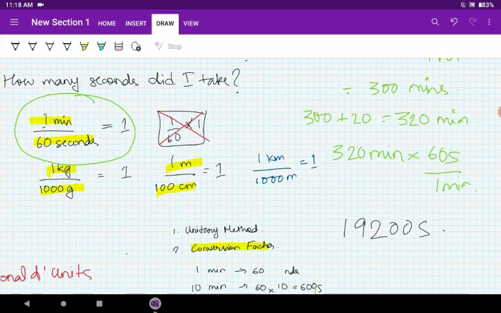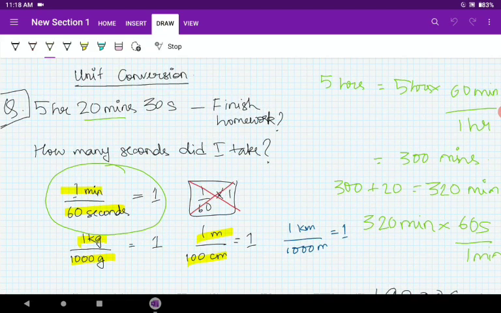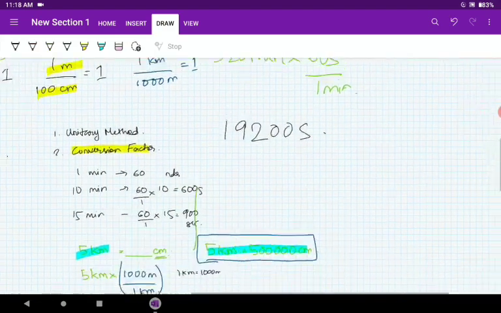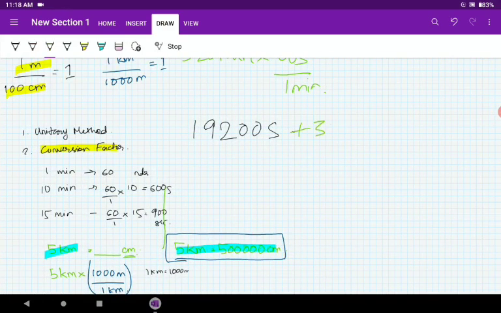So we add 30 seconds to it, that means 19,230 seconds. Clear?